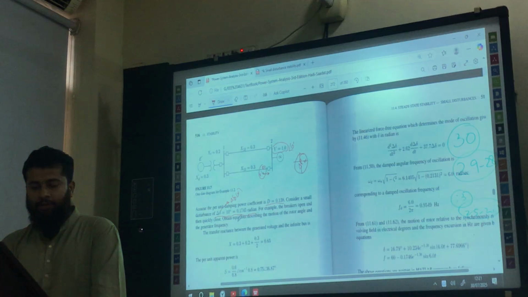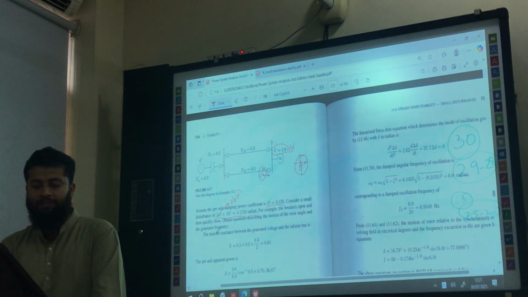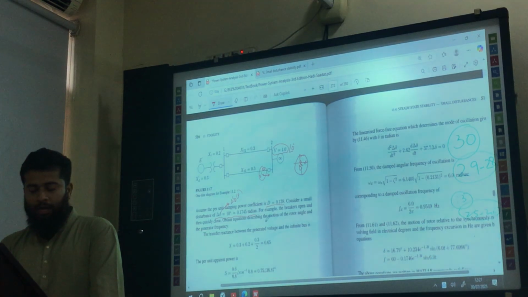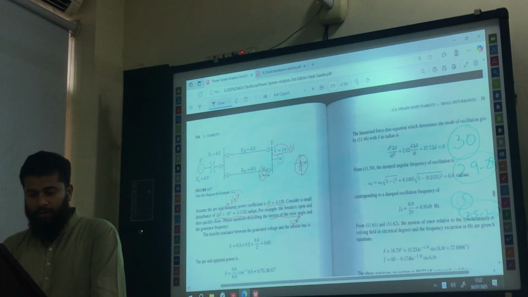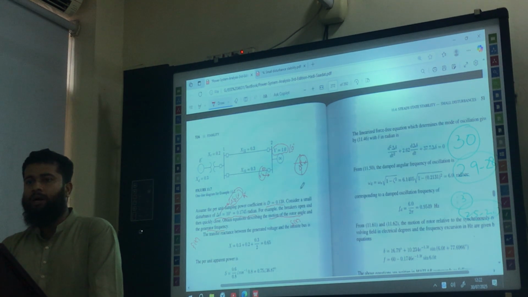Obtain equations describing the motion of the rotor angle and the generator frequency. So we need to find the expression of the rotor angle, that is delta of t, and the generator frequency, that is f of t. And we can easily say that from here we will get the unforced response, the zero input response, right?